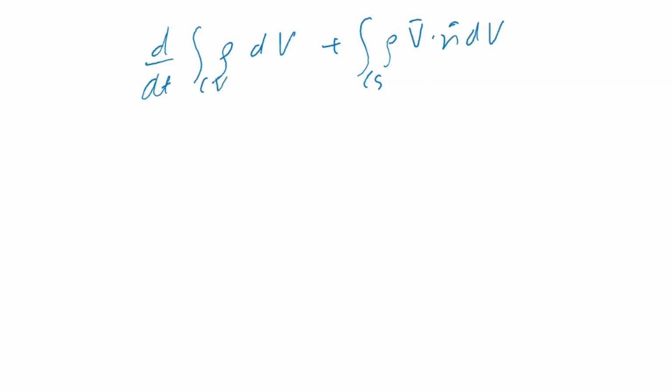Okay, so the mass conservation law essentially stated that the time rate of change of total mass in the control volume, ρ dA, plus the amount of mass entering or leaving the control volume needs to be 0, right?